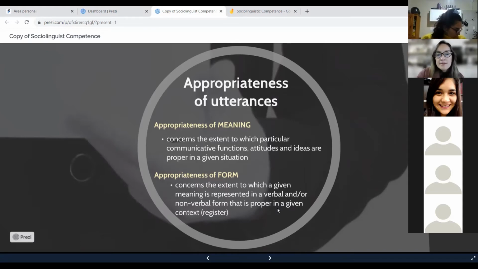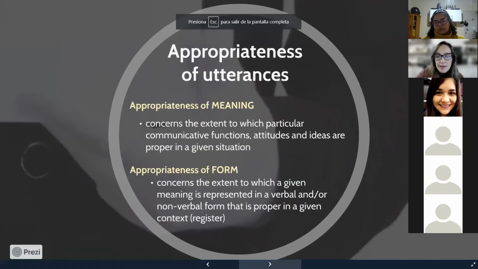That's why the situation in which we use the language is so important. And then appropriateness of form has to do with the language that we choose, again, for a specific context, and that very frequently has to do with the register, with the situation, with politeness also, right?